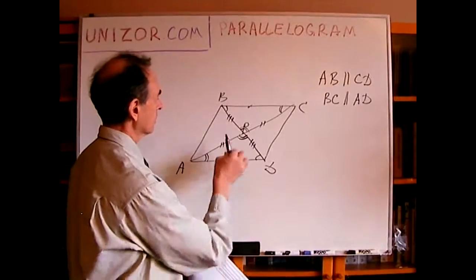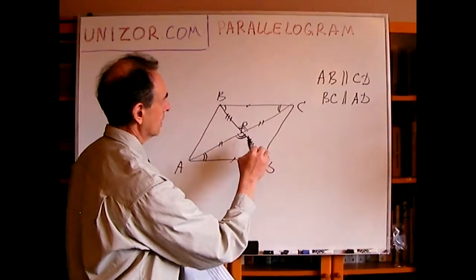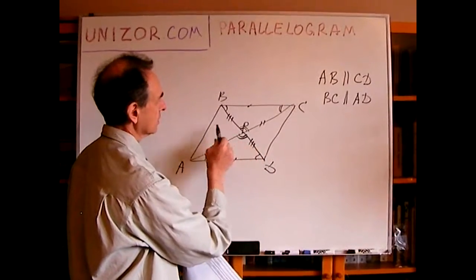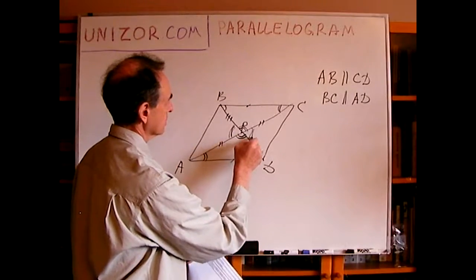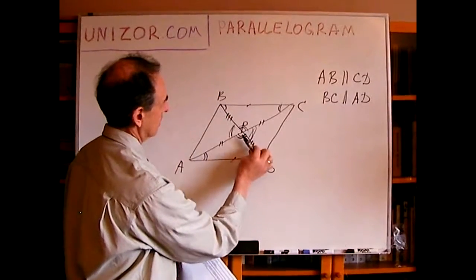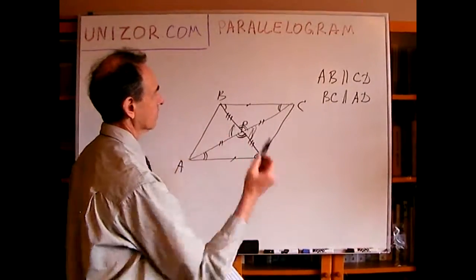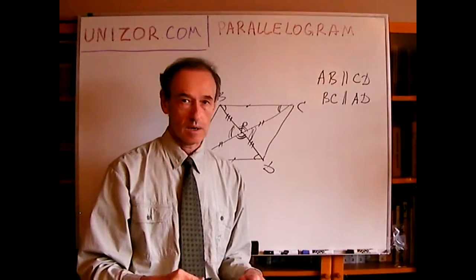Now, very similarly, we can consider this triangle ABP and this CGP, and exactly the same thing. This angle is vertical to this one, sides are congruent, and that's why these triangles are also congruent, and that's why these opposite sides are equal.